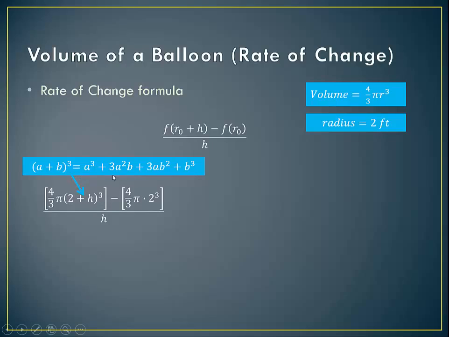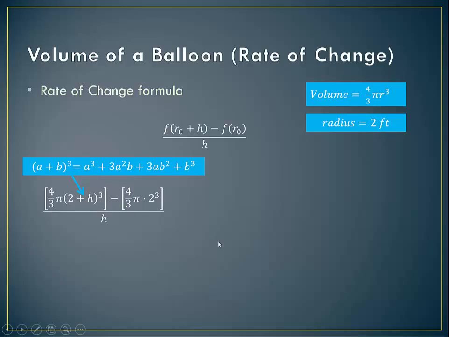But this little formula is nice, that says to square the first one, so 2 cubed, 8, take 3 times the 2 squared. So 3 times 2 squared would be 3 times 4, which would give me my 12. And then I write my h, which is my b. And then 3 times 2, which would be 6, times now my b is squared, so that's my h squared.